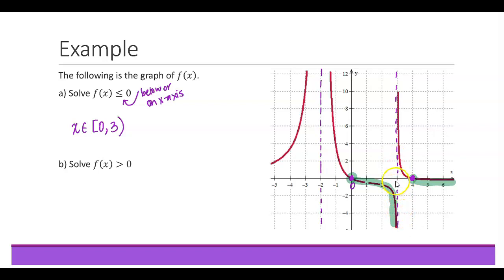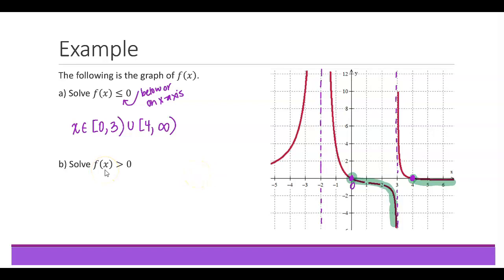And then if I keep moving, I saw that I was on the x-axis at 4, and then I'm below the x-axis beyond 4. So I'm going to go ahead and say my next interval starts at 4, including 4, so close bracket 4, all the way to +infinity.